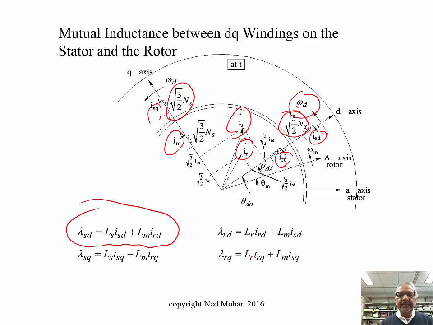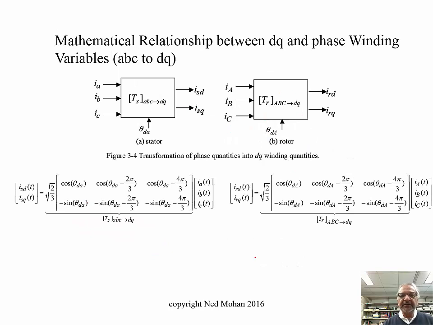With that background, we saw these transformation matrices, which take us from ABC currents to D and Q axis winding currents in the stator, where theta dA is the D axis with respect to the fixed stator A axis.